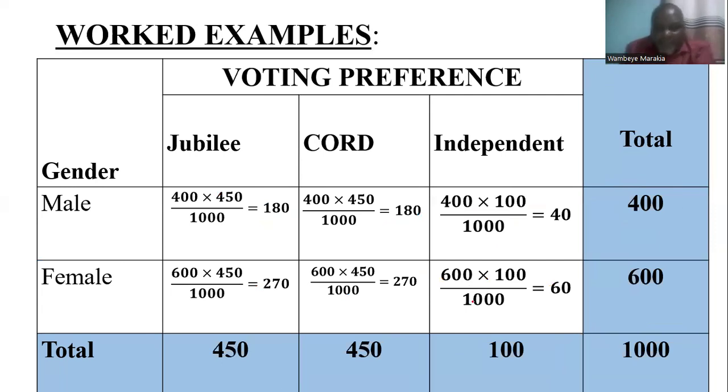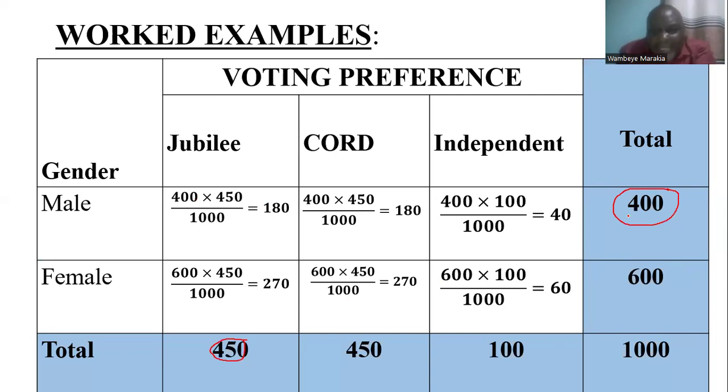We take this total on the left side, 400, times this total at the bottom there, then we multiply together.